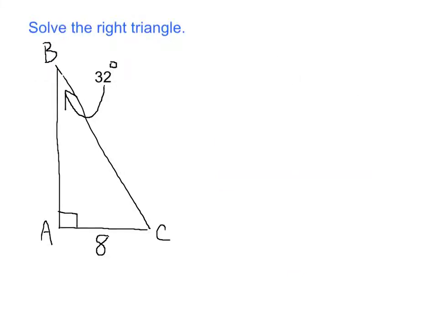In this first example, we're going to try to find angle C and our two missing sides. Now, I'm given two pieces of information. I'm given angle B is 32 degrees and AC is 8. Before I even begin, I'm going to label this side.